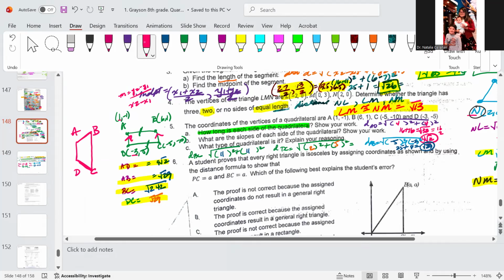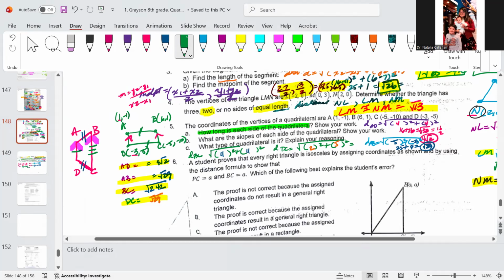What shape does that look like? Because look at this. This side is equal to this side. These two sides are the same, right? This side is not equal to that side, right? But I do know that this side is parallel to this side. So what shape is it? It's a trapezoid. Does that make sense?